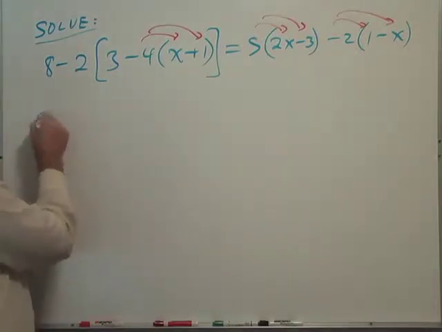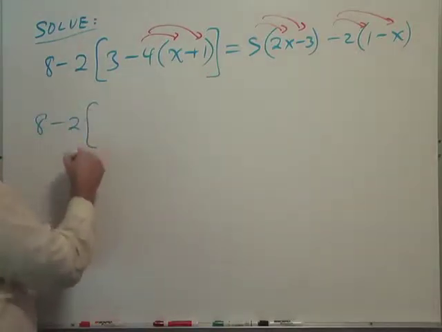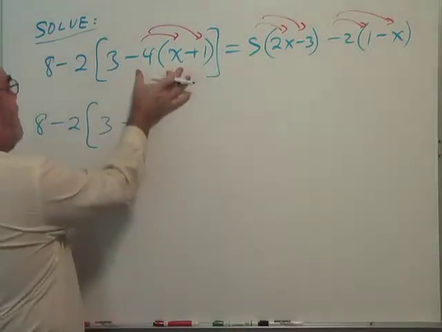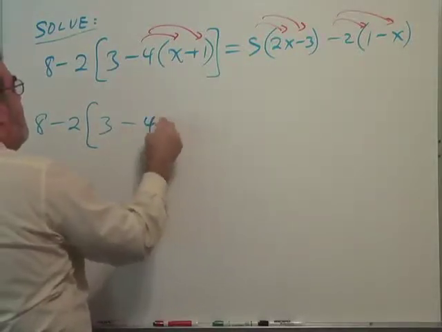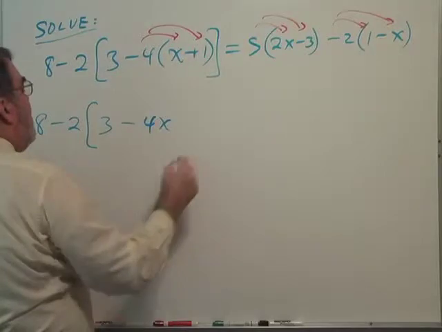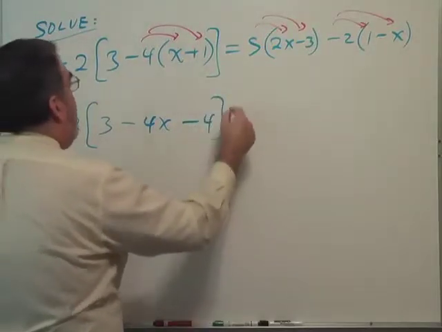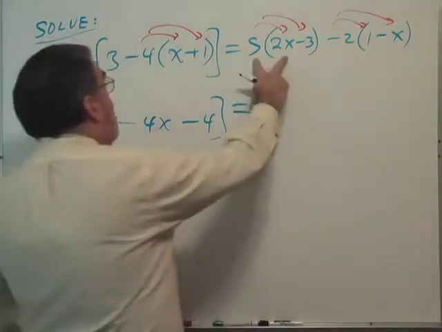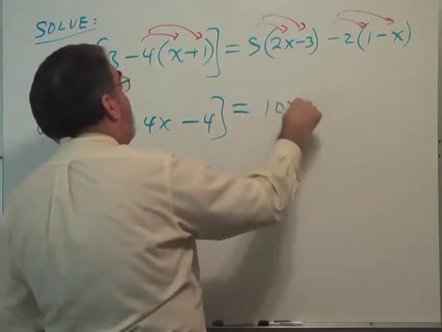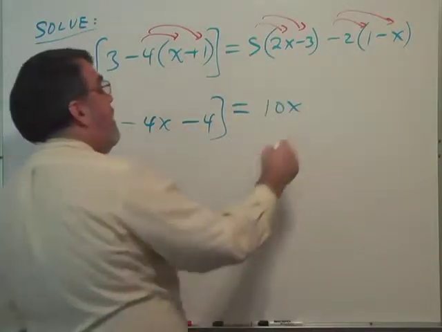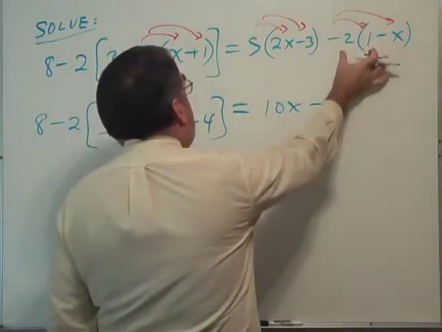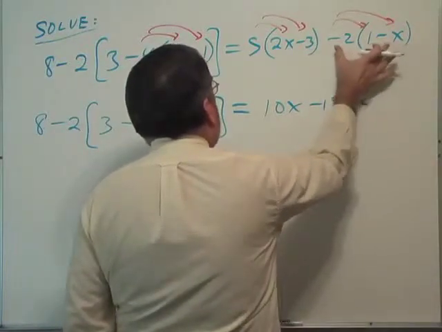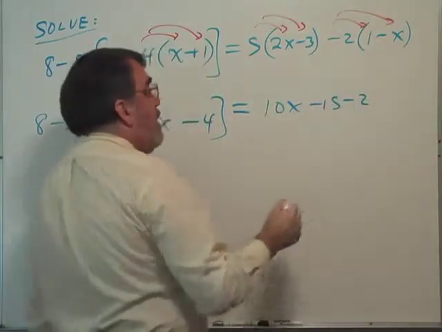All right, so this is going to be 8 minus 2 bracket 3 minus, so I have minus 4x, and then negative 4 times positive 1 is negative 4, equals 5 times 2x is 10x, 5 times negative 3 is minus 15, and negative 2 times negative x is going to be plus 2x, isn't it?